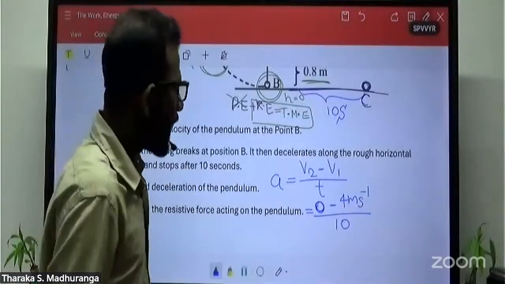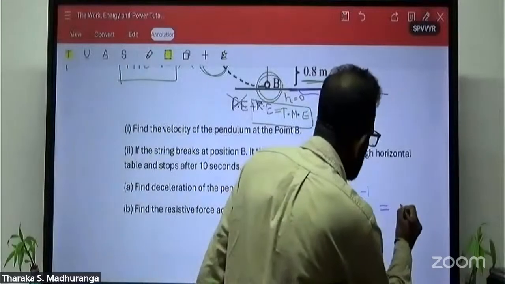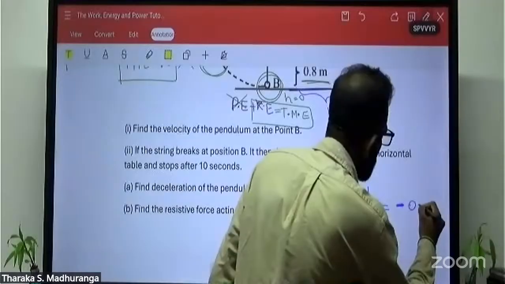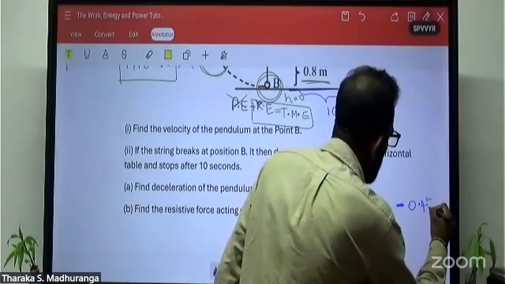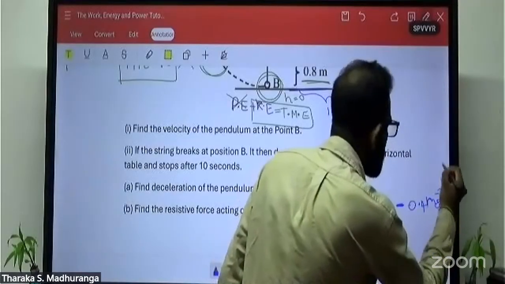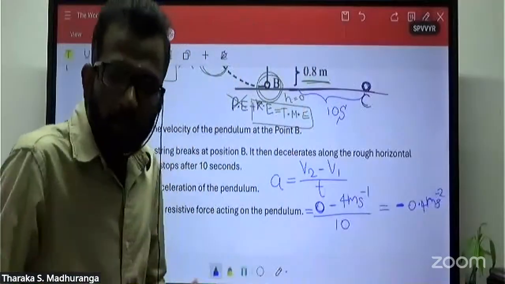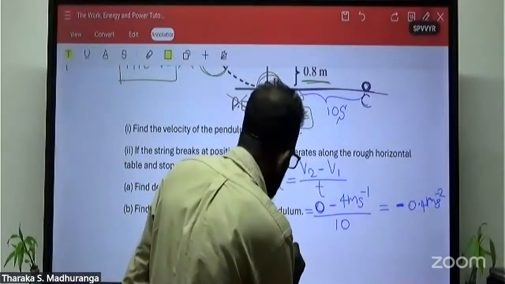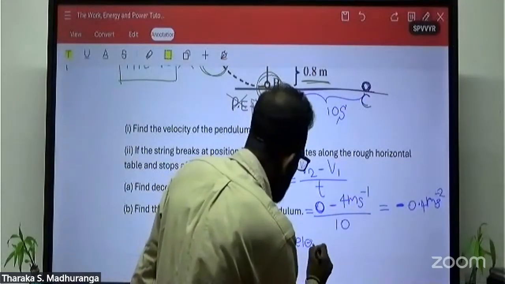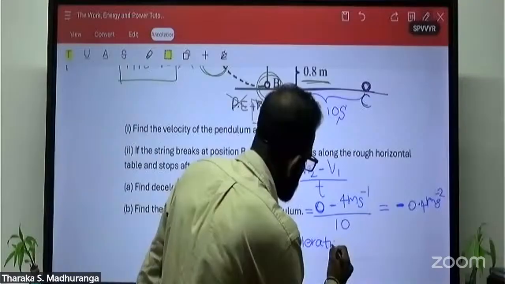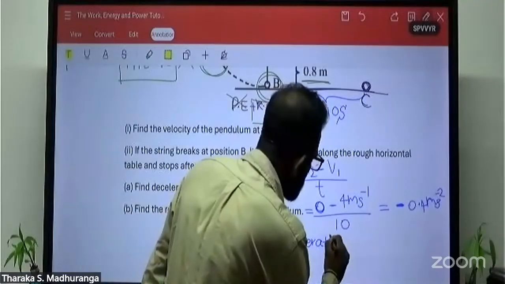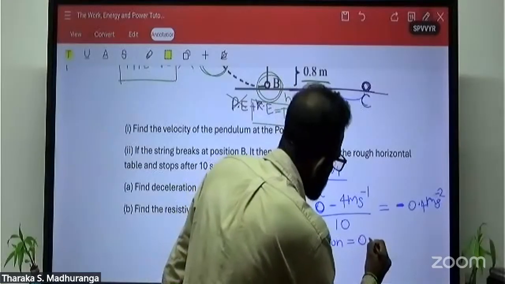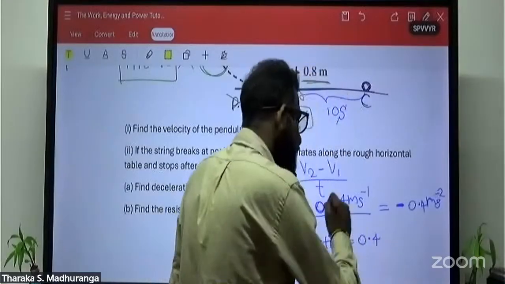The acceleration equals minus 0.4 m/s squared. Then the deceleration is 0.4 m/s squared. The positive value is the deceleration.